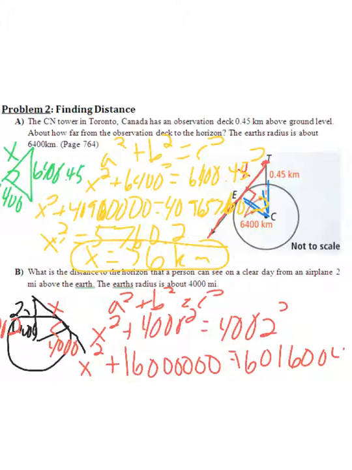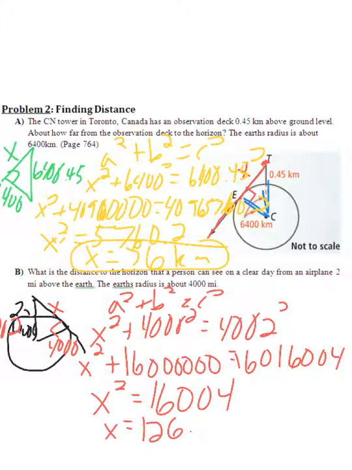When I subtract the 16 with the 6 zeros over, I've got x squared is equal to 16,004. I take the square root of both sides, and I get that it is about 126.5 miles away.